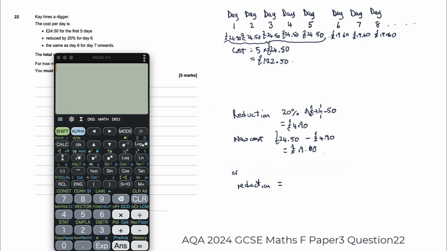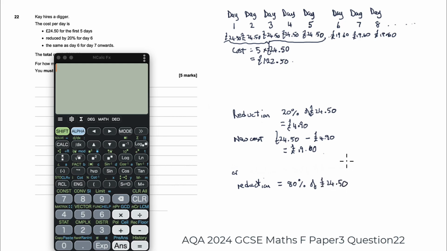Now let's see what's going on there. If we consider £24.50, that's what we were being charged as the whole price, 100%. If we take away 20%, that leaves us with 80%. So an alternative way of getting that reduction would be to work out 80% of £24.50.